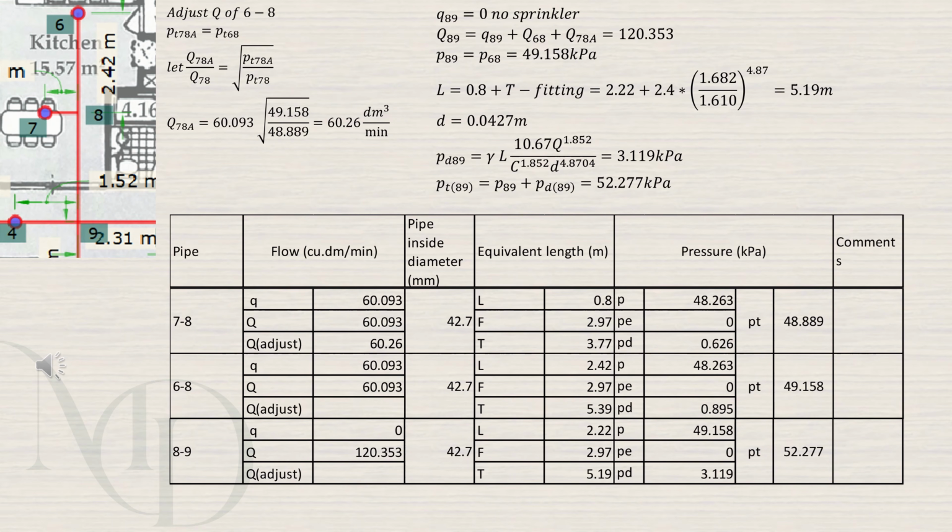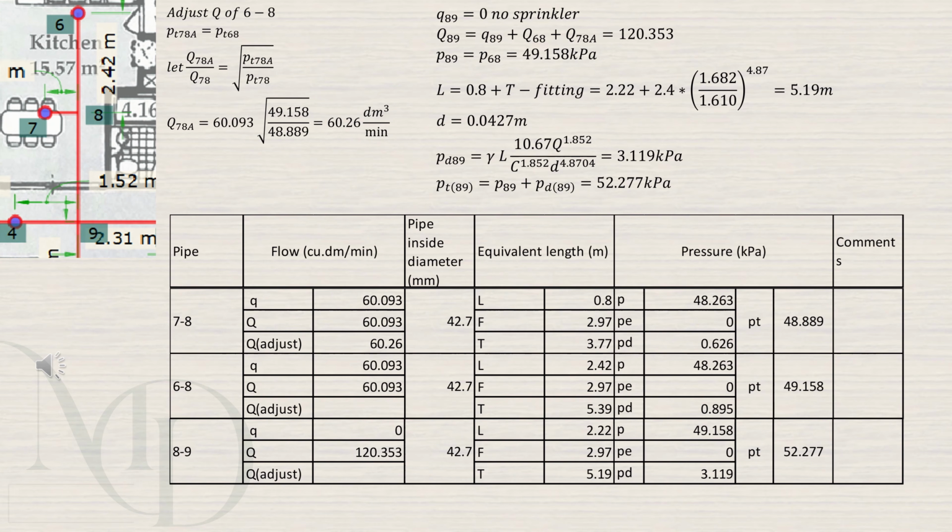This pipe 8 to 9 supplies the flows for the lines 6 to 8 and 7 to 8. The total discharge through pipe 8 to 9 is simply the sum of the discharges from 6 to 8 and 7 to 8. So we add the two branch flows to get the capital Q for the run 8 to 9. Next we consider the pressure drop along this run. Because there is a fitting at node 9, we must include its equivalent length in the effective pipe length. So the effective length is the physical pipe length plus the equivalent length of the fitting adjusted for the pipe inside diameter.